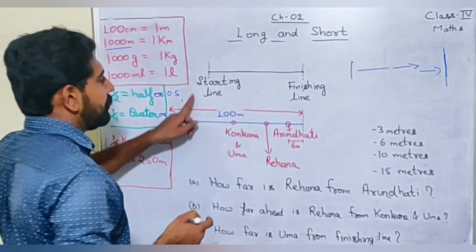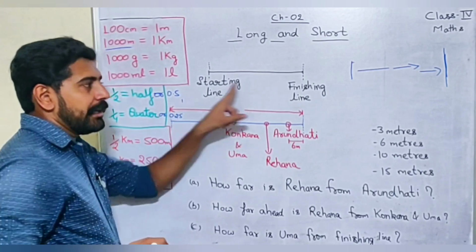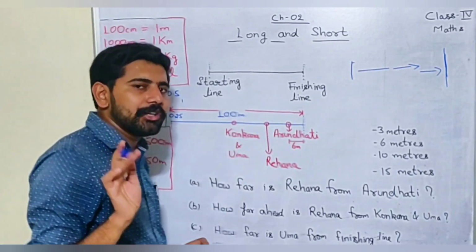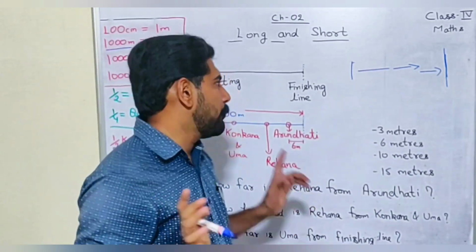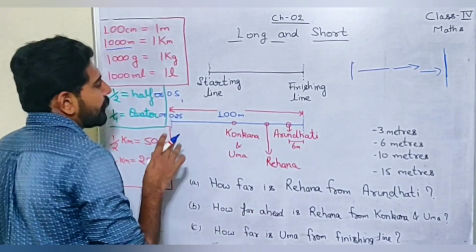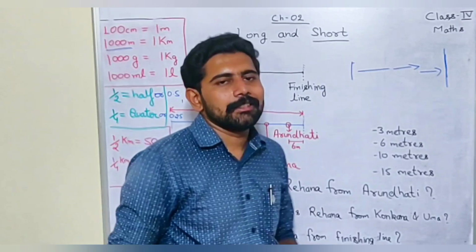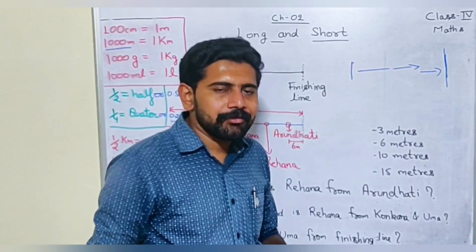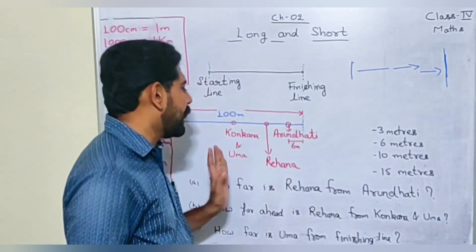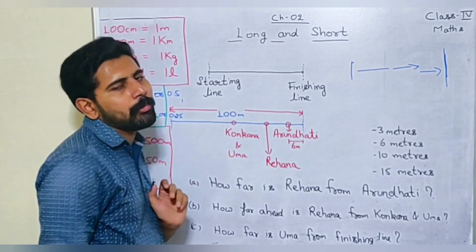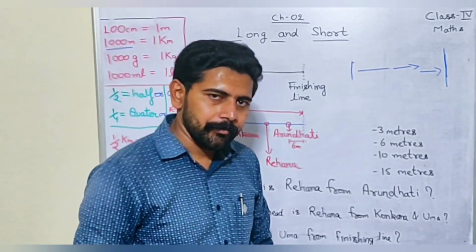Okay. Look here, starting line and finishing line. There are two lines in a race. Similarly, there was a 100-meter race for some girls. The names of the girls were Arundhati, Rehana, Konkanna and Uma. 4 girls were participating.